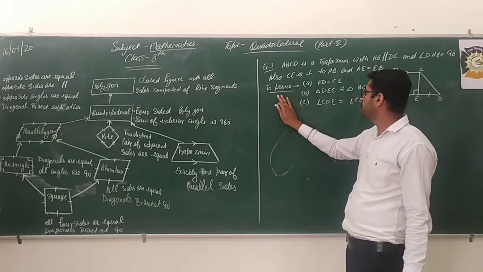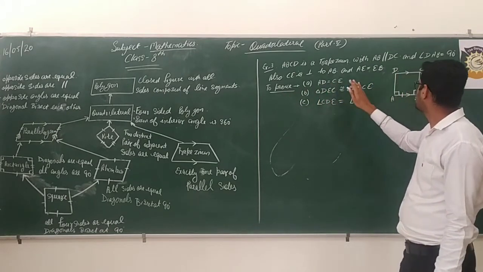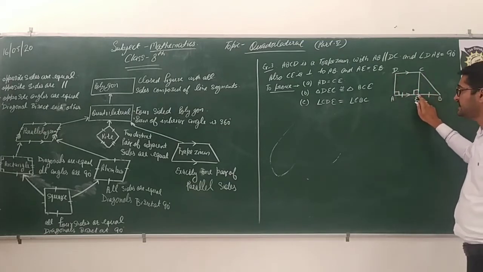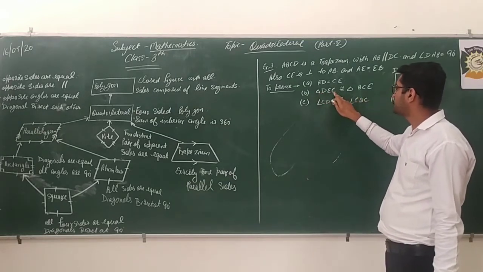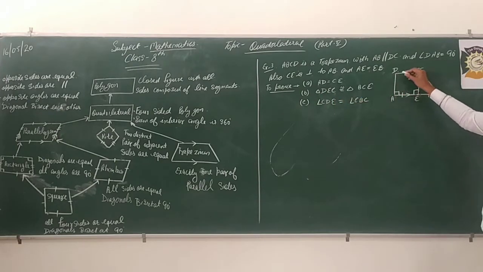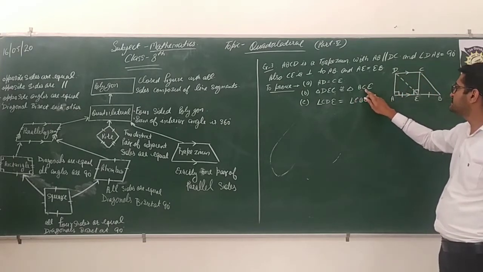We have to prove that AD is equal to CE. Then triangle DCE, DEC, it means we have to join this one, and triangle DEC is congruent to triangle BCE.